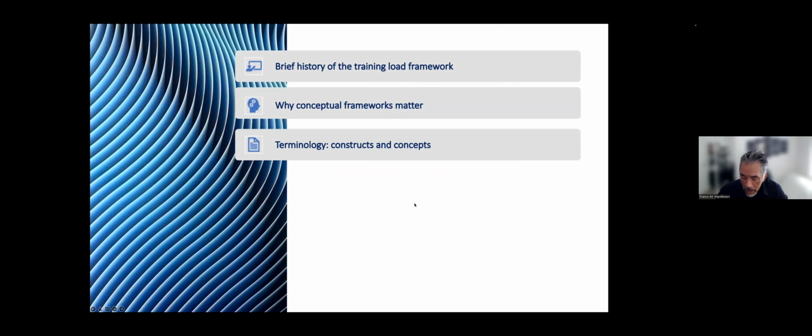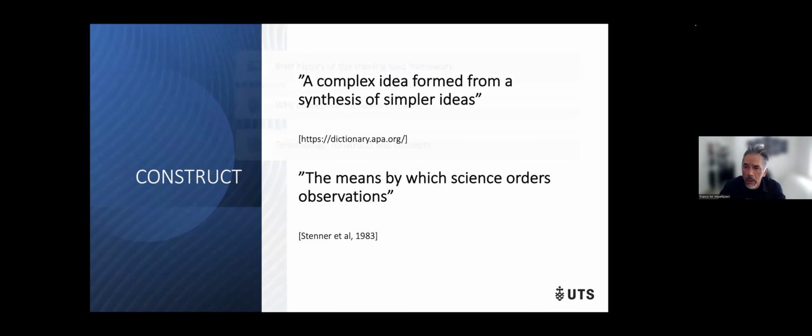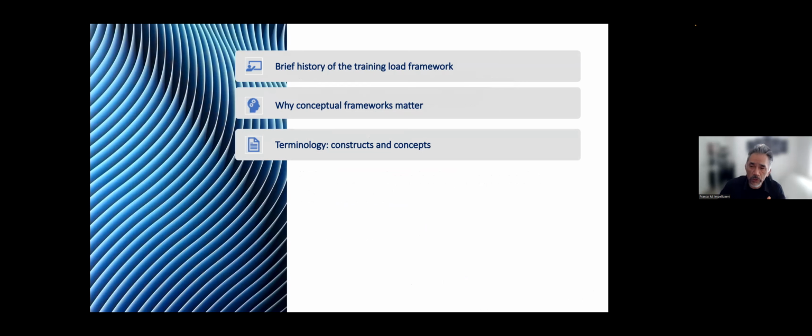Terminology. Two days ago, I think, one of our last papers was published online, about the terminology, and specifically about training load and the use of the term load.